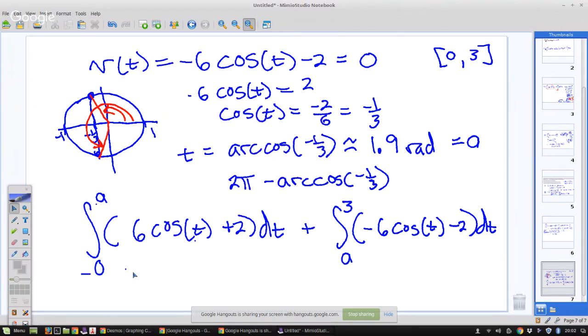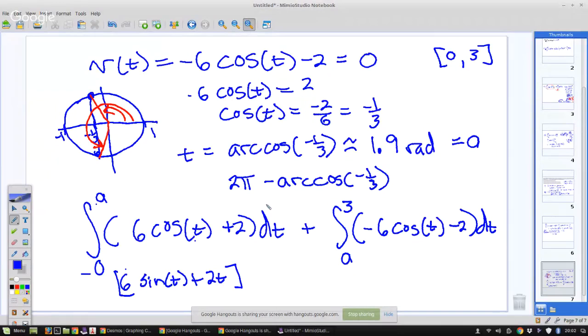So the antiderivative, remember, for this one with the sign change, is just going to be 6 times the sine of t plus 2t, evaluated from our special value to 0.